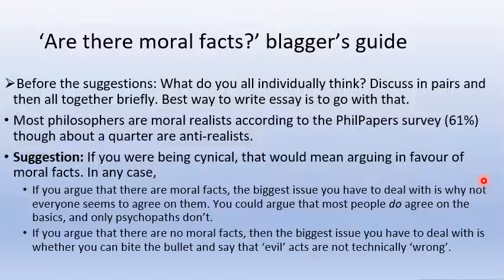If you're going the other way, and of course you could include both of these in the opposite essay as issues to discuss as well, because of problems with the other side. But if you're arguing for anti-realism, there are no moral facts, then I think the biggest issue you're going to have to deal with is what we were just talking about, whether you can bite the bullet and say that evil acts are not technically wrong in any objective sense.